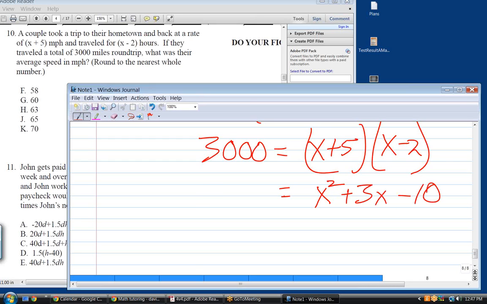Okay, so now I got that. And notice that their average speed is x plus 5.